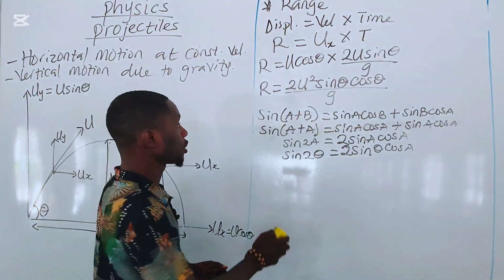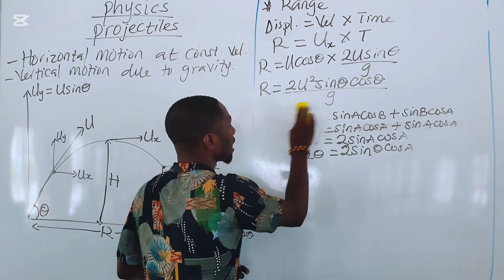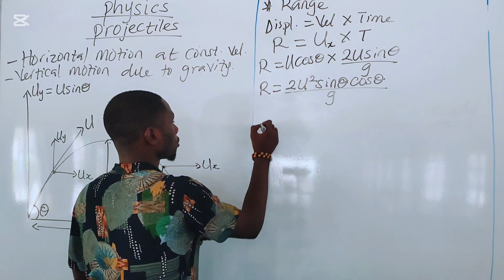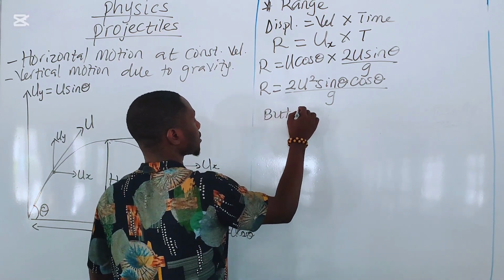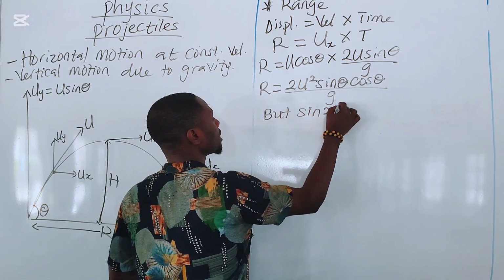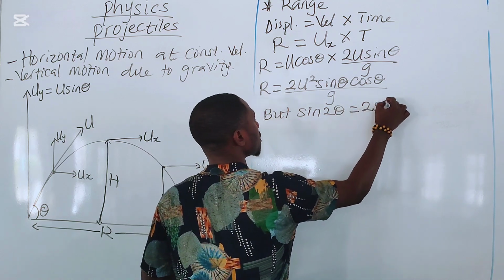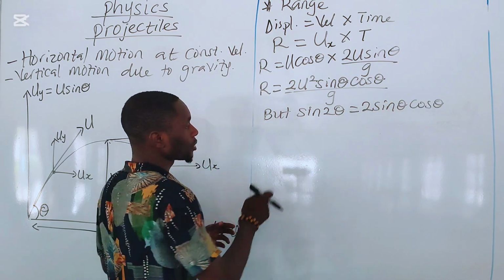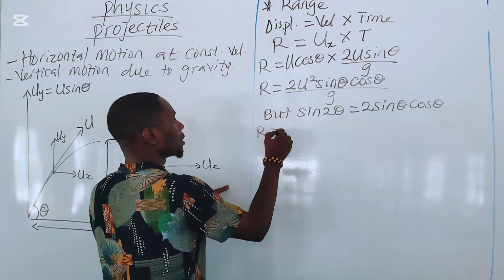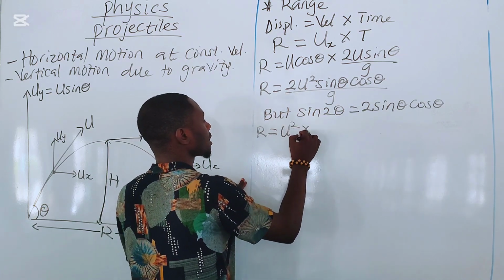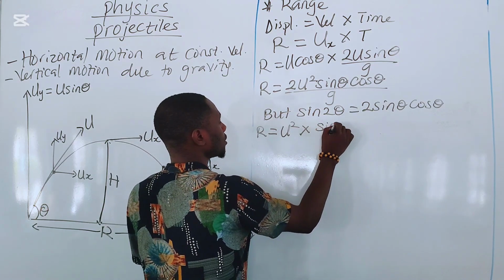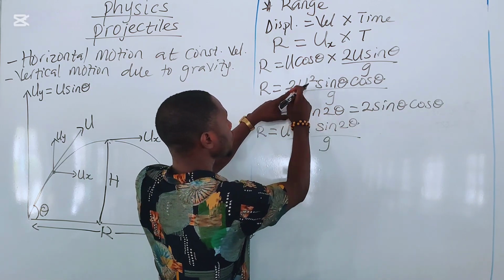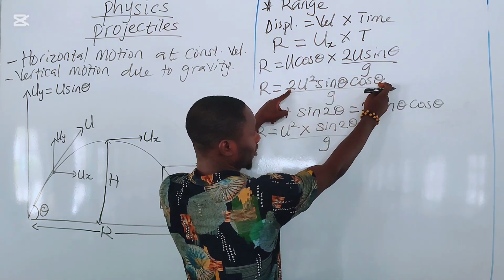So when we substitute that, we can say that sine 2 theta is equal to 2 sine theta cos theta. So substituting that, our range now gives us u squared times sine 2 theta over g, because the whole of 2 sine theta cos theta has been taken care of.